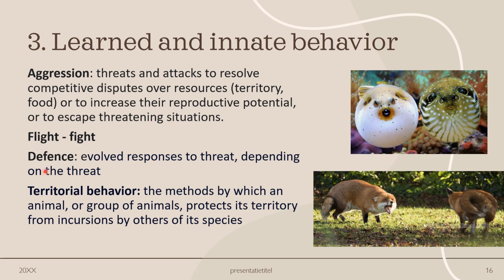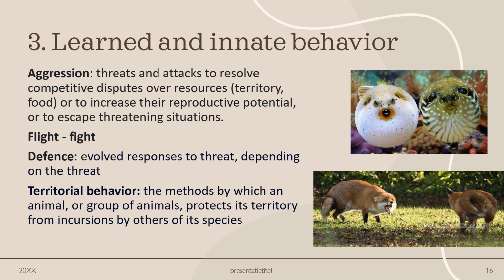Defense is not always aggression. Therefore, I put here a beautiful picture of the pufferfish. The pufferfish is a very small fish. It's not that thick all the time, but when it feels threatened, it puffs itself into a kind of ball-shaped fish, and that's a defense mechanism.